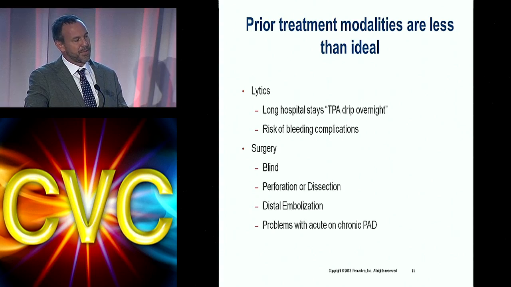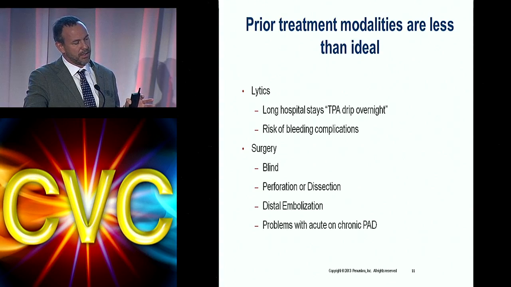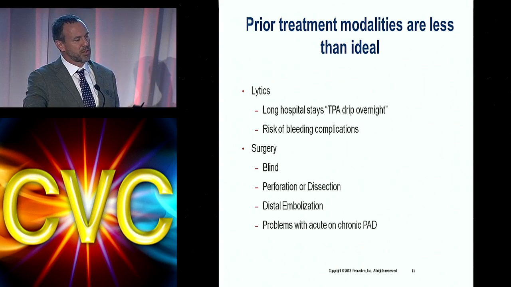So if you can actually limit the amount of lytics that you give and or not use them at all, there's probably some potential benefit. I have found that most of the time when I have to use some sort of mechanical aspiration device or some sort of thrombectomy device, the adjunctive use of lytics is usually quite helpful.